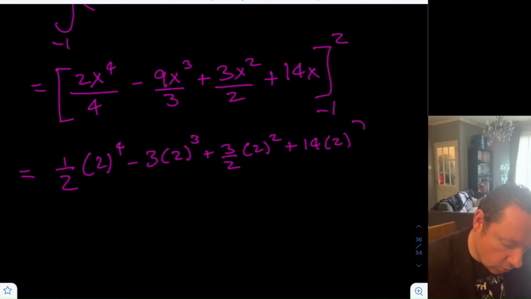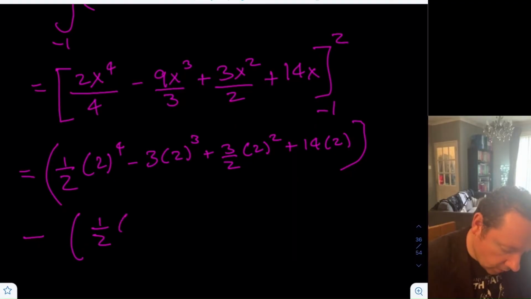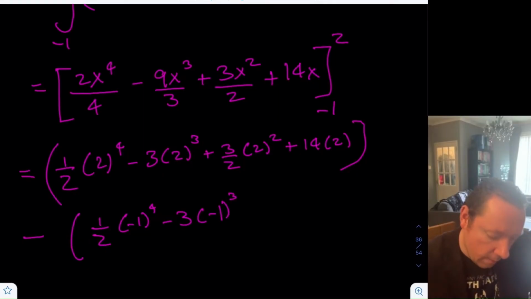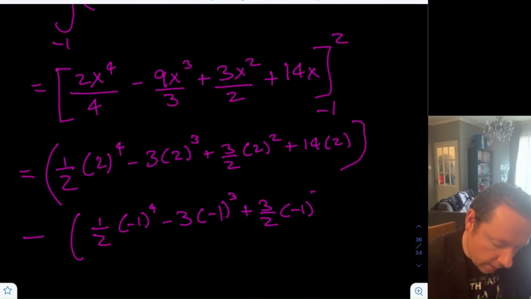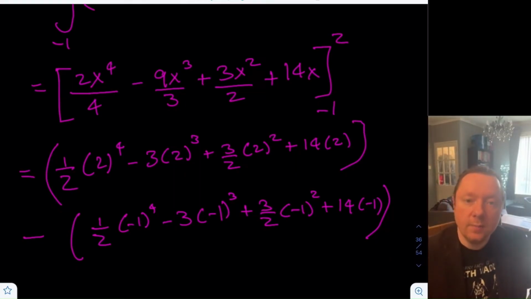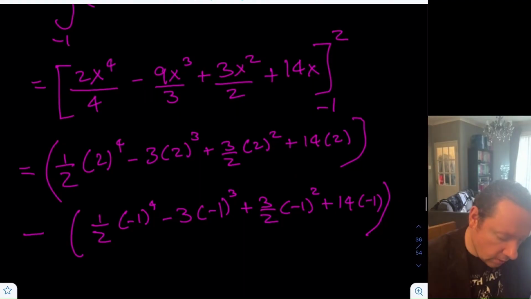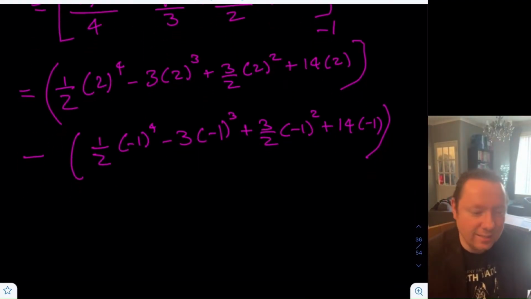That's our first one, big brackets around it, minus our second one, so that's a half, minus 1 to the 4, minus 3 times minus 1 cubed, plus 3 over 2 times minus 1 squared, plus 14 times minus 1. And quite often after this point it gets a little bit messy, but you're getting another mark just for solving that. But if you can get this far, you're doing really well. So let's just try and get this really tidied up.